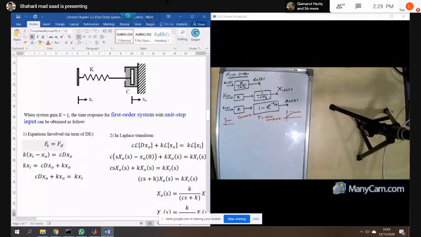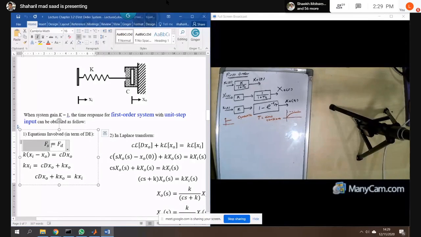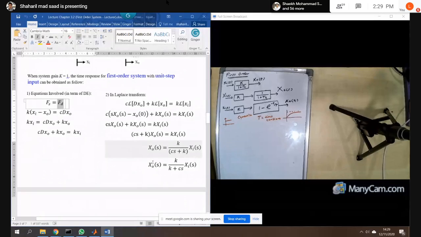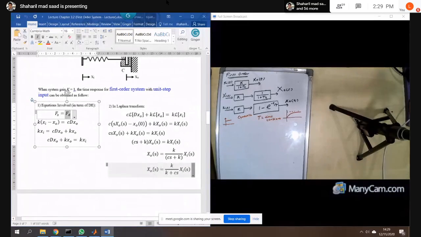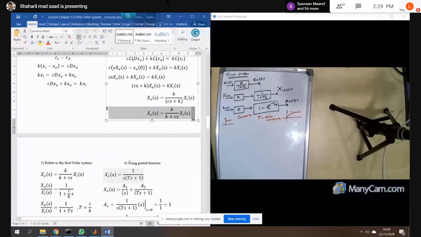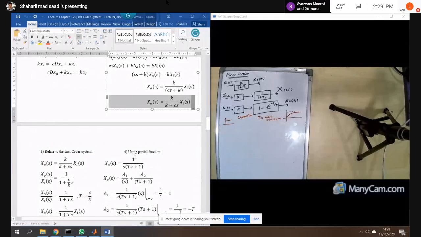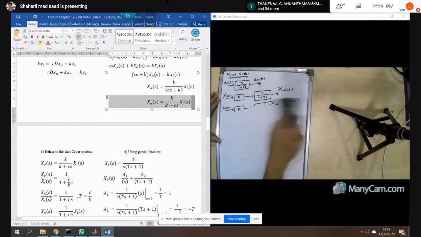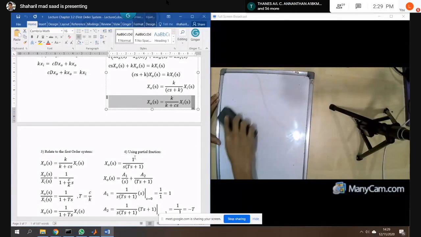When you solve it, we get the force from the spring equal to the force from the damper. Then when you solve it you get this kind of equation. Then we apply the step input function.